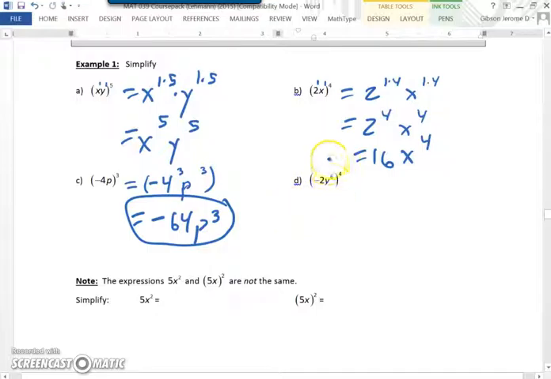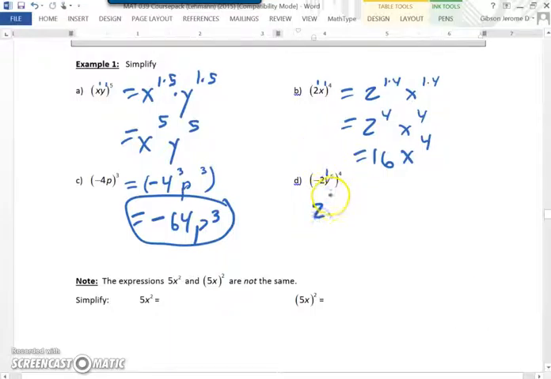Now we come here to d. Remember, this 2 is considered to be taken to the first power. But look, you notice that everything in this parenthesis is taken to the fourth power. So what happens to a negative when it's taken to an even exponent? It becomes positive, right? So we could disregard the negative sign because we know its result is going to be positive.